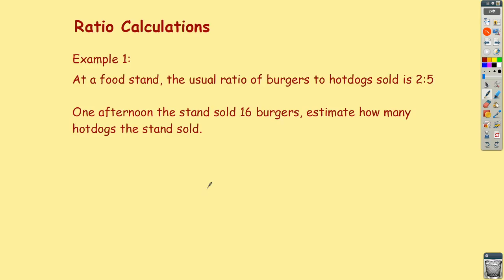And step 1 for any of these calculations, I'm going to say, is always make sure the first thing you do is identify your ratio, okay? So we're dealing with burgers to hot dogs, okay, sold.